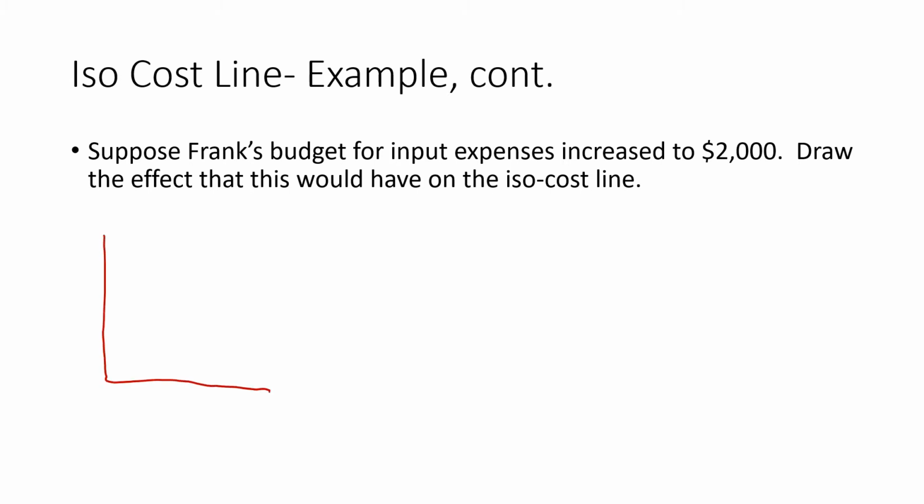So remember his original ISO cost line, we have capital and labor, and we had 10 and 100.